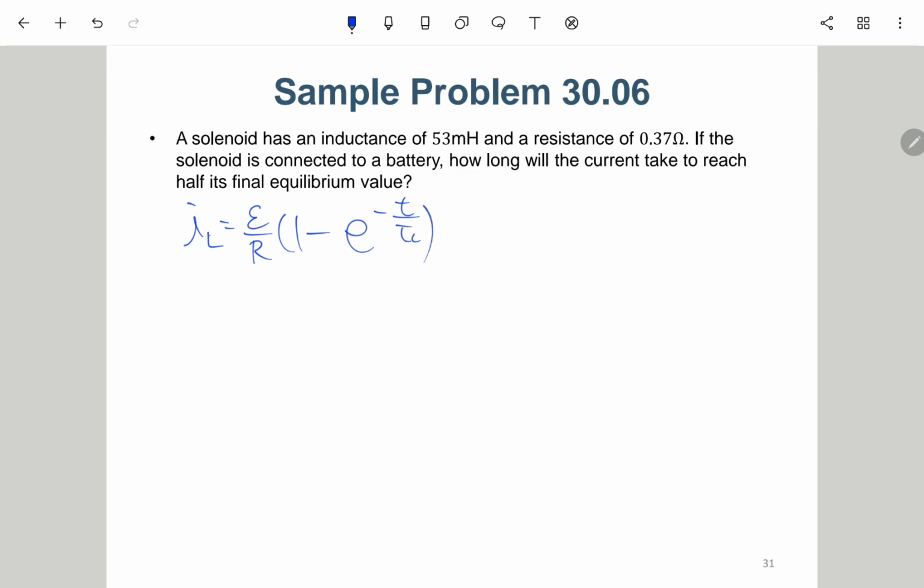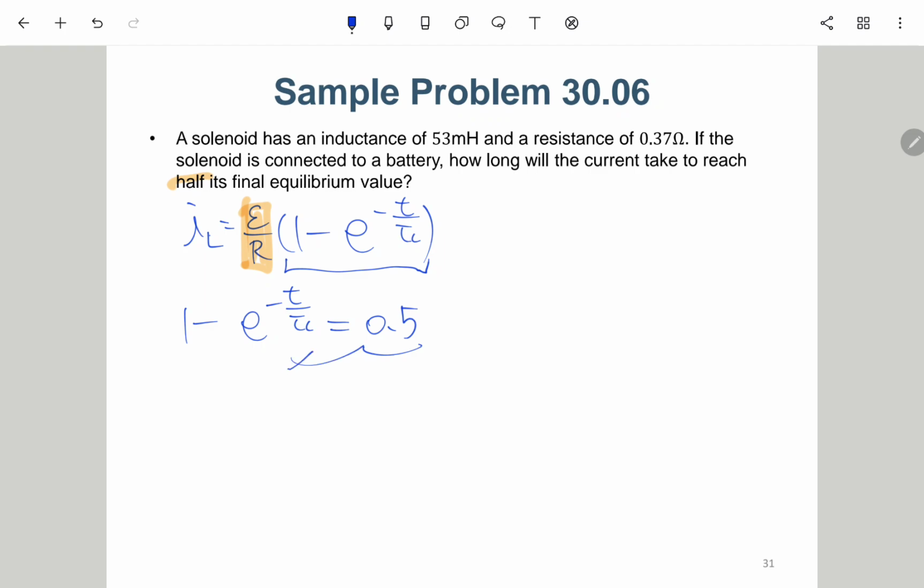Of course the steady state value should be E over R, but we would like to know how long it will take to reach half of this equilibrium value. So we would like to know what t is for this term to be 0.5. So we have 1 minus exponential of negative t over tau L equals 0.5. So half of this equilibrium value.